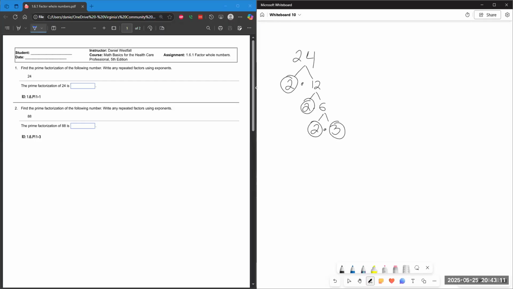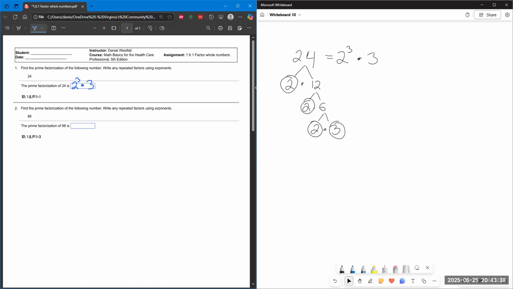I have three 2s, so 2 to the third power times 3 is our prime factorization. I'm using a multiplication dot. I believe that's how it would be represented in MyMathLab here.